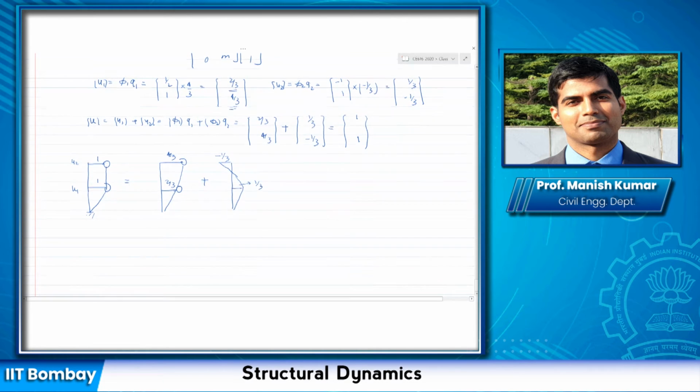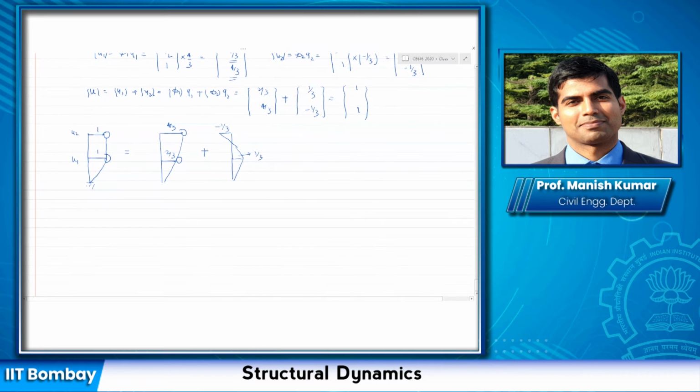This is mode 1 and mode 2, and this is the total response. Individually, at each degree of freedom, this one is 4 by 3 minus 1 by 3, and at u1 it is 2 by 3 plus 1 by 3. So overall, they sum up to the total response.